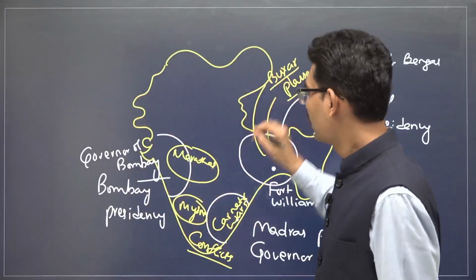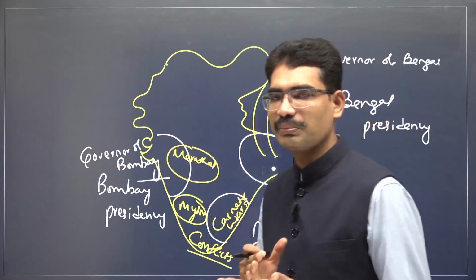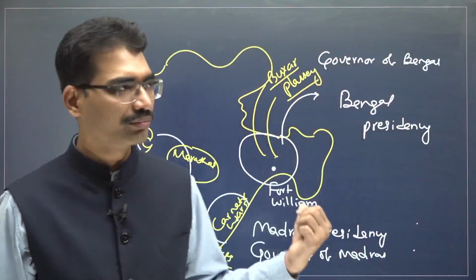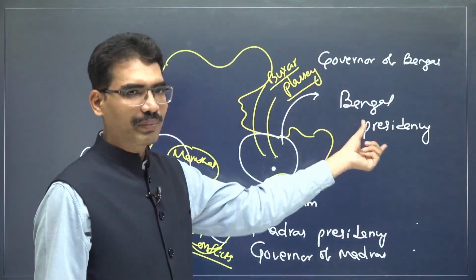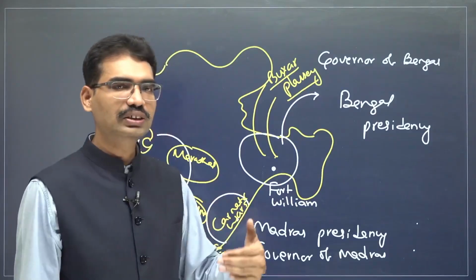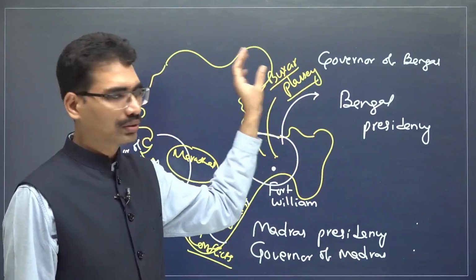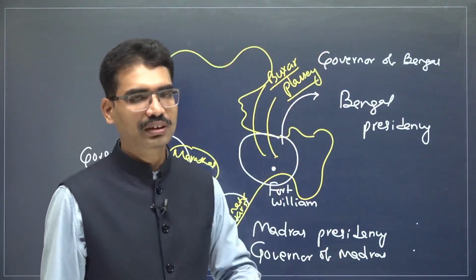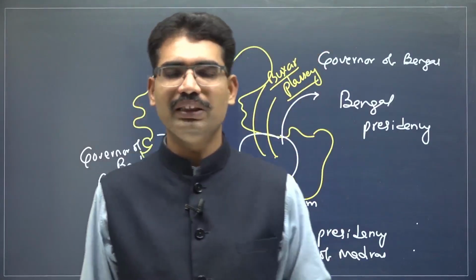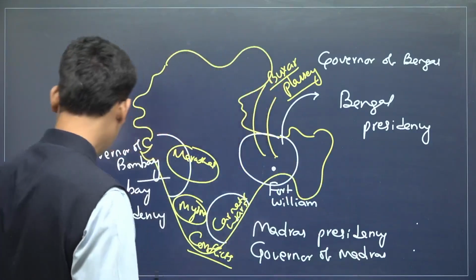This is where the existing British or East India Company administration stands. Now in Bengal, famine and corruption, and here the Mysore wars, unnecessary conflicts are leading to unnecessary expenditure. The East India Company applied for a loan. Now the British cabinet and British Parliament decided to pass a law called the Regulating Act.